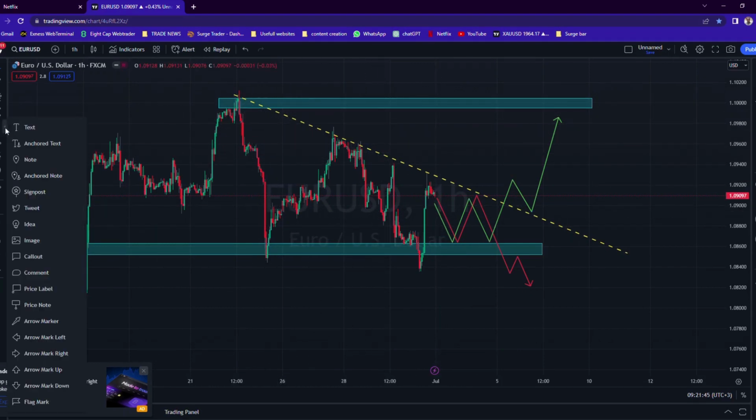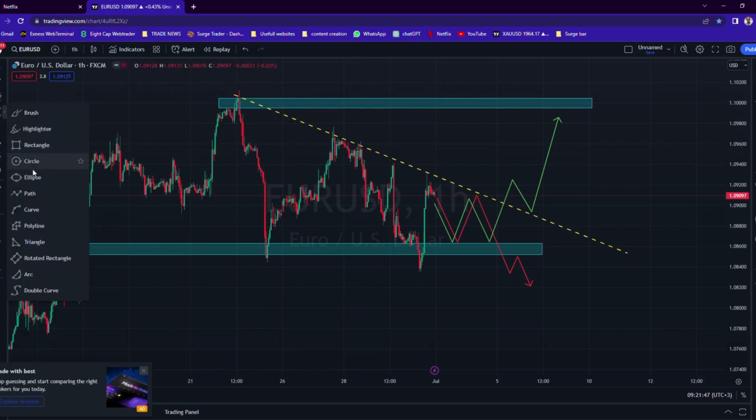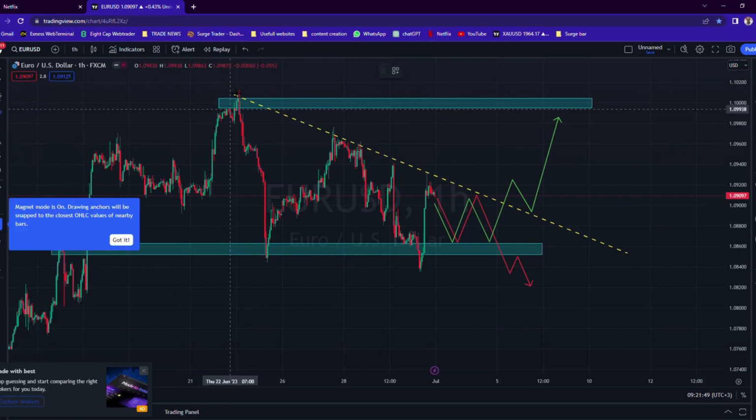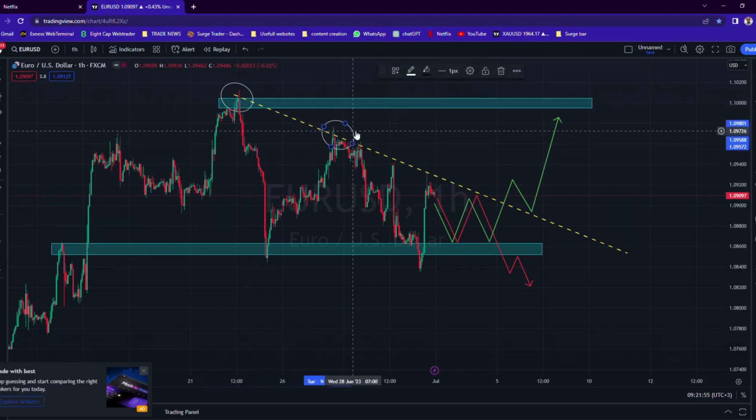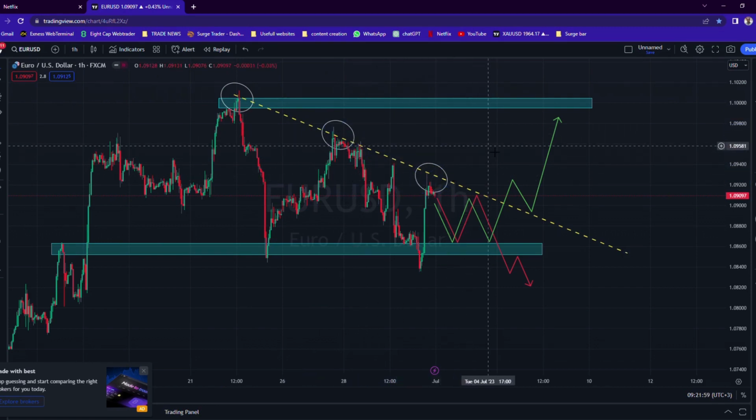We can see these 3 points on the trend line, so it means we're having a declining price.